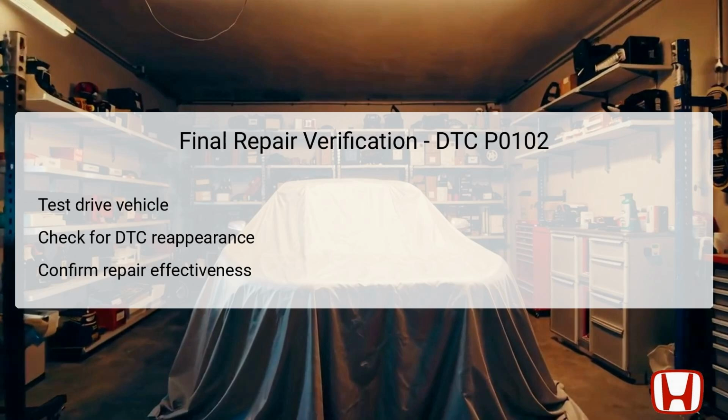After the test drive, it is crucial to run another diagnostic scan using the HDS to confirm that DTC P0102 does not reappear. This final verification step is integral to confirming the effectiveness of the repairs made. If the DTC remains absent, one can conclude that the repairs were successful and that the vehicle is now operating correctly.